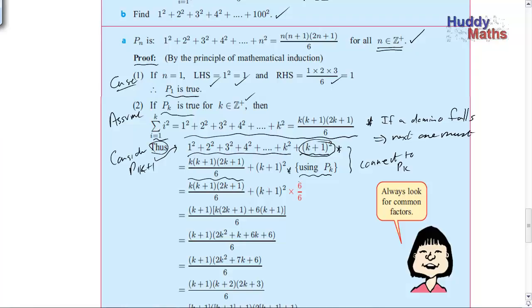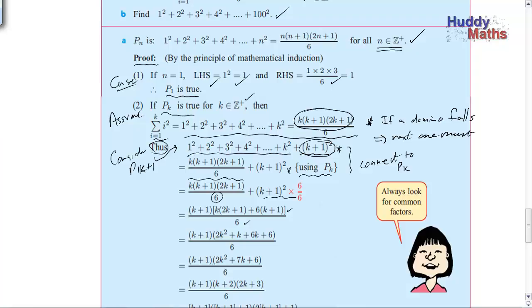We've got that connection, and now the trick here is to get all over a common denominator. So multiplying this little term by 6 over 6, you've got that extra term over the common denominator. And then if you try to factorise it, because just remember what you're trying to do, you're trying to get this sort of form with k plus 1s in there.